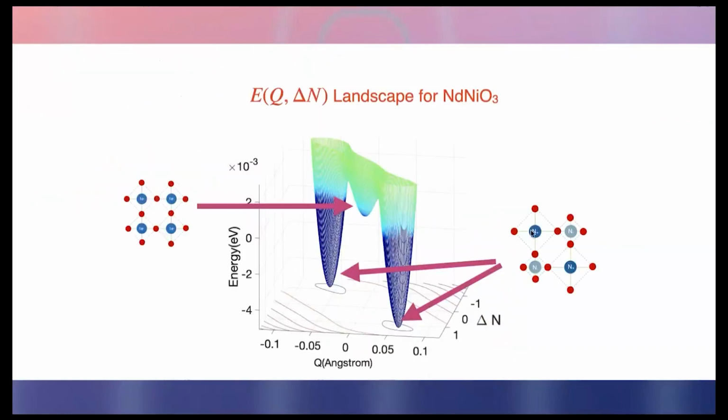And one of the cool things is you can then get these energy landscapes as a function of Q and delta N. And you can see, well, for example, for neodymium nickelate, you have this metallic phase here, and then you have the two degenerate ground states here. And one of the nice things about this is that it's also computationally very inexpensive.